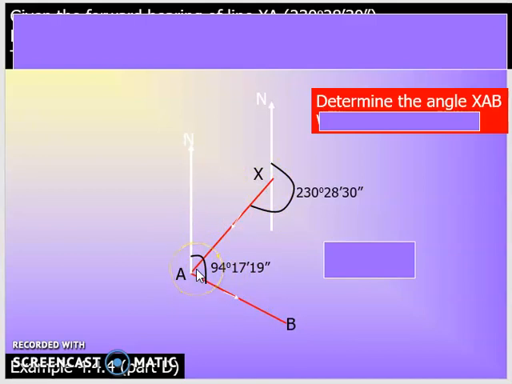So what you need to do is to find out the backward bearing of the line XA. That means this angle here. Once you have calculated this angle, you can take the 94 degrees, 17 minutes and 19 seconds, subtract away this particular angle, then you can get the interior angle. So that is the way to do it.